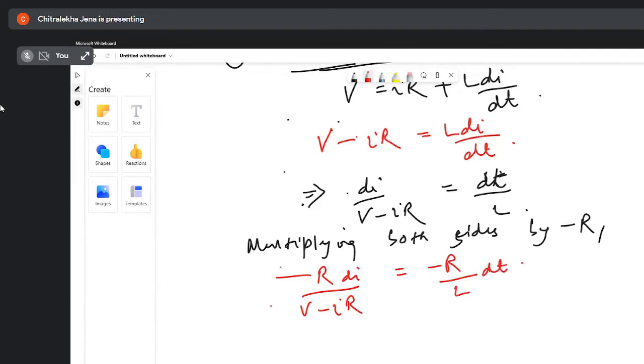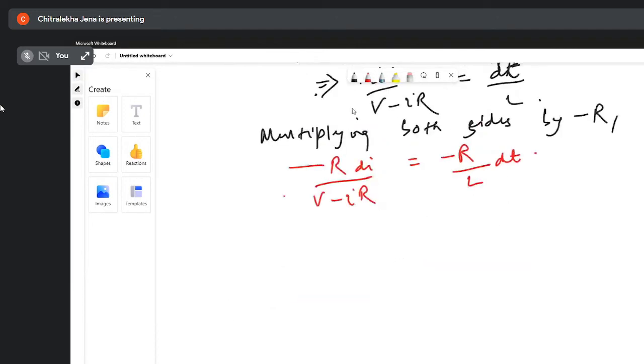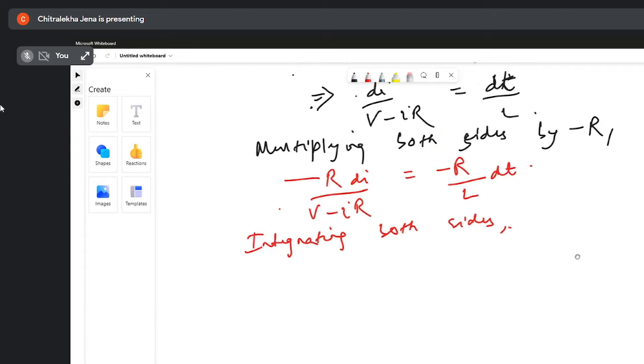Okay. So this implies, now what I will do, I will integrate both the sides.